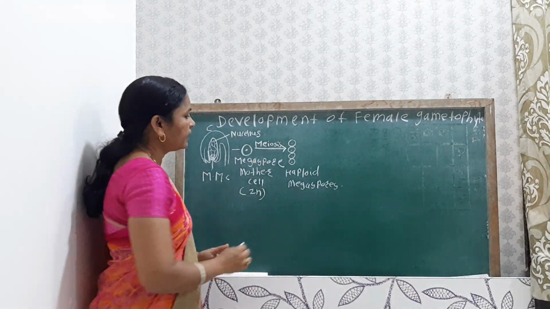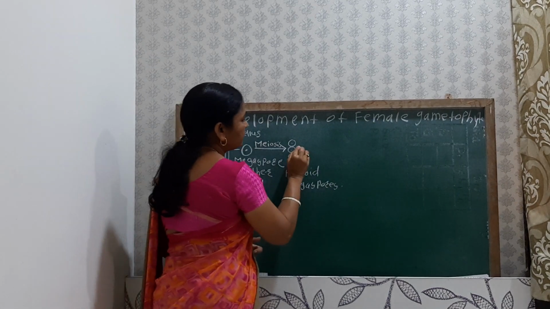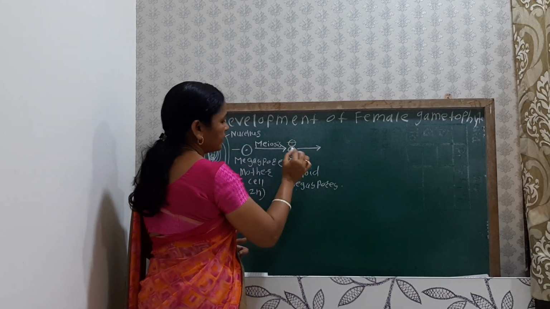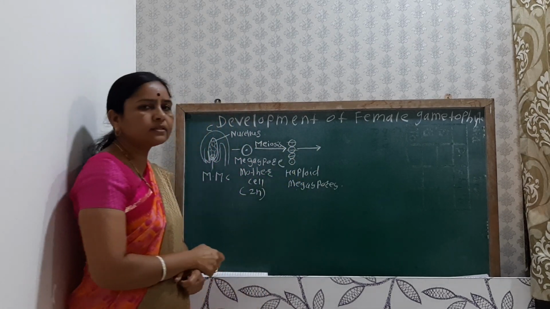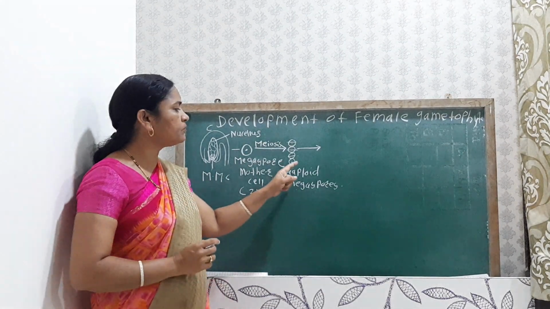So here the haploid megaspores are produced, out of which 3 degenerate, and the one which is towards the center of the nucellus becomes functional.